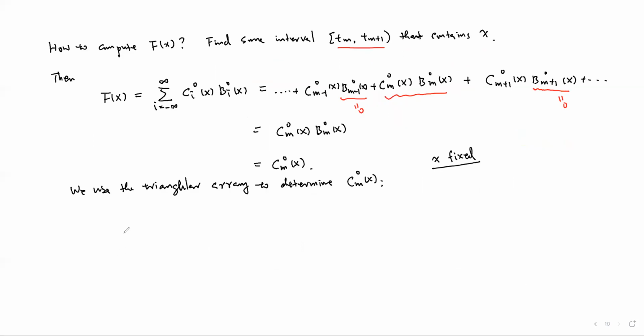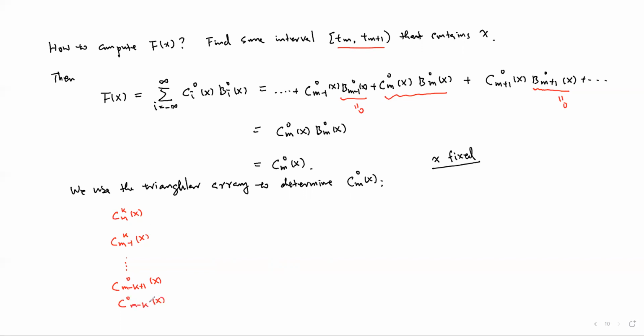So the first column of the array is Cm,k at x. We load Cm,k, then Cm-1,k at x below it, and so on, down to C0,m-k at x.